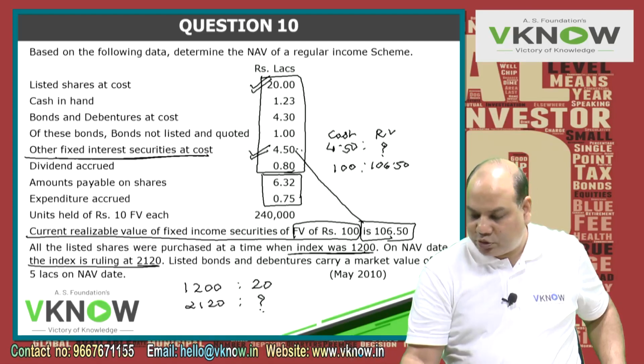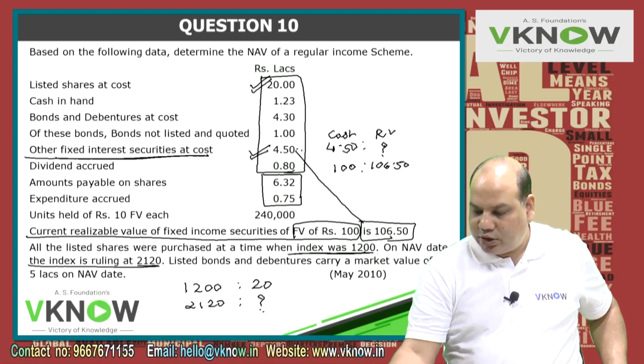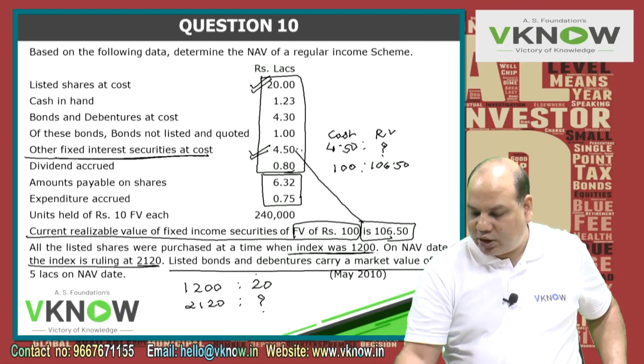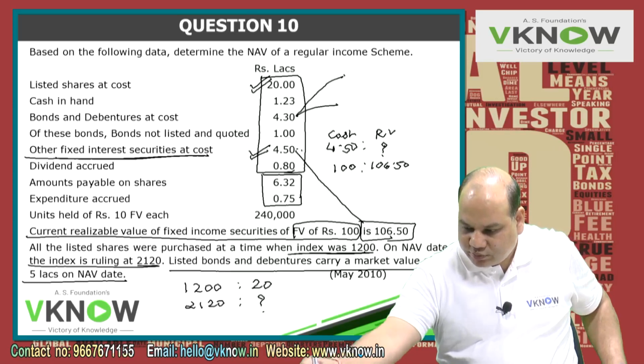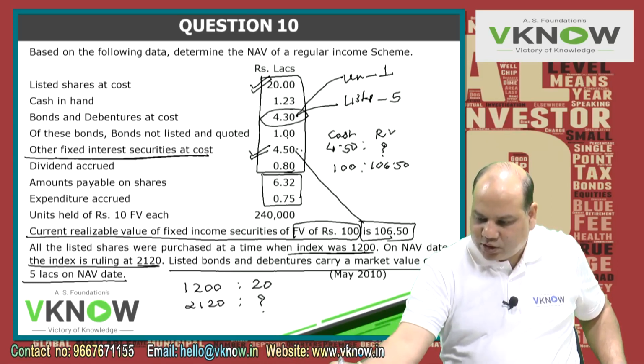So it will change proportionately. Listed bonds and debenture carry a market value of 5 lakh on the NAV date. So we have discussed about these bonds and debenture. Listed is 5, unlisted is 1 as mentioned here.